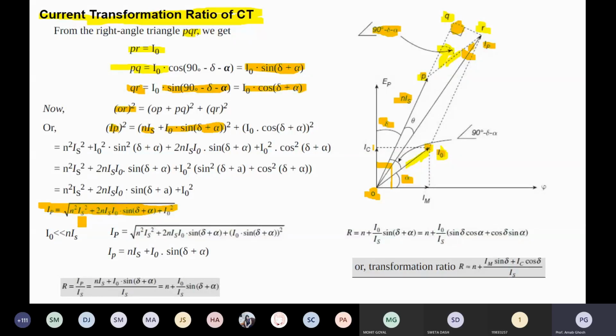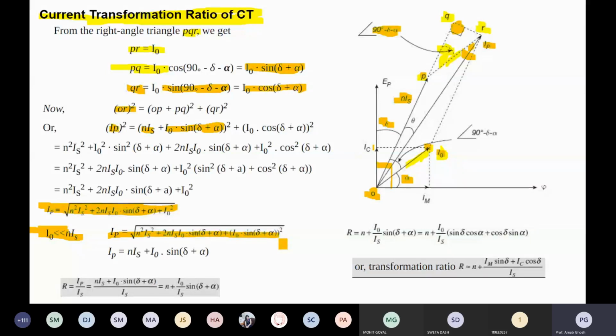If I0 is very small compared to NIS, you can directly use this, making that component 0. Put I0 as 0. So finally it is coming IP equals NIS plus I0 sine delta plus alpha.